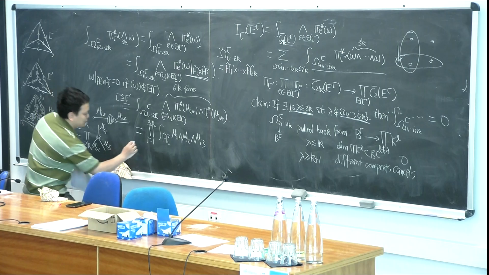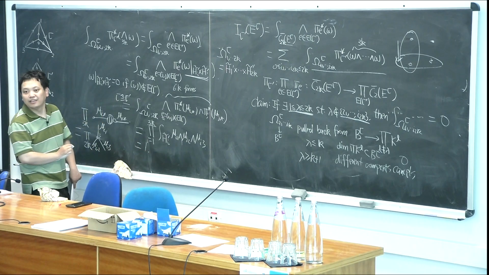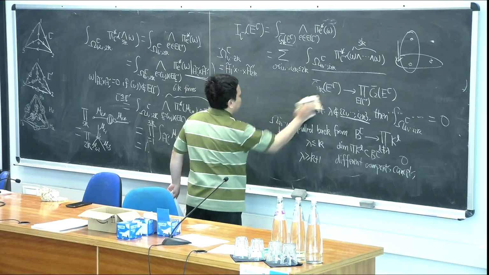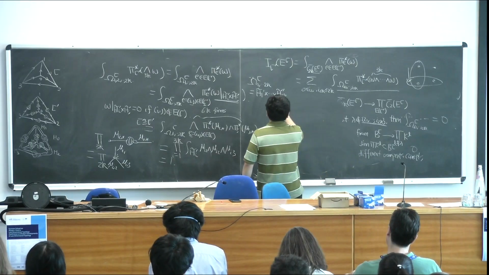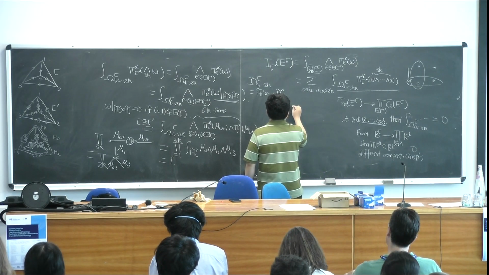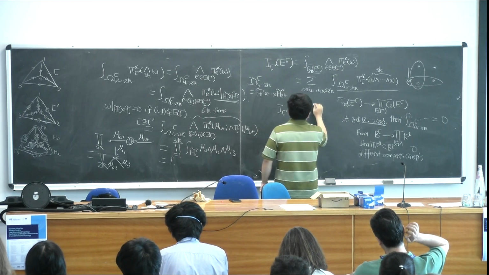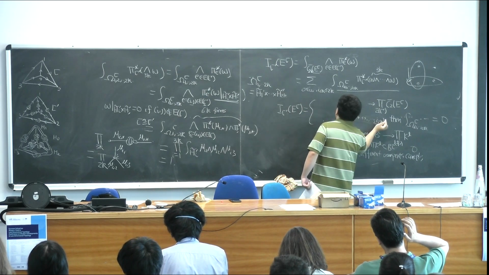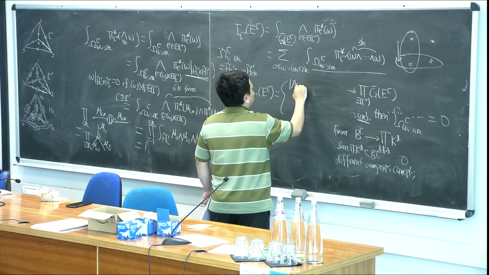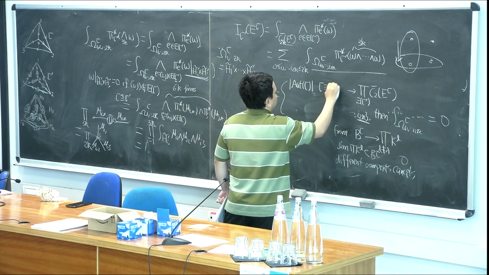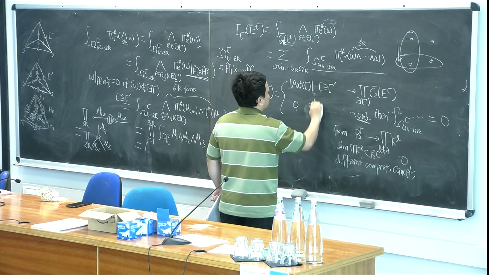So this equals 1. And this finishes the calculation. Let me write down the final answer: if you do this configuration space integral, the answer you get is the number of automorphisms of gamma if gamma is isomorphic to gamma prime, and 0 otherwise.